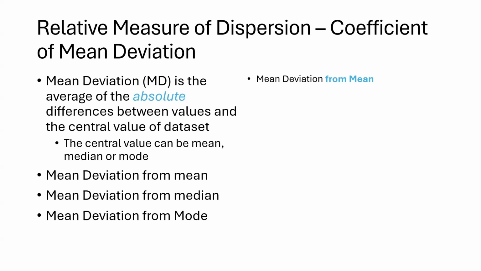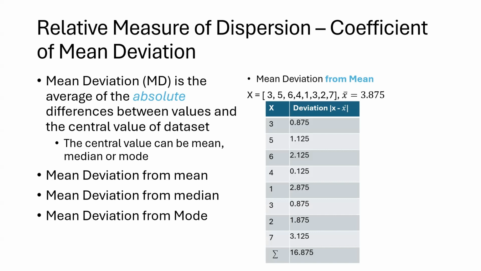Let's first see how to calculate the mean deviation from mean. We have a simple data set and we got x bar as 3.875, and this is how we are going to calculate the mean deviation. Again, this is an absolute measure of the deviation. Absolute means we are ignoring the sign, we only take the magnitude.